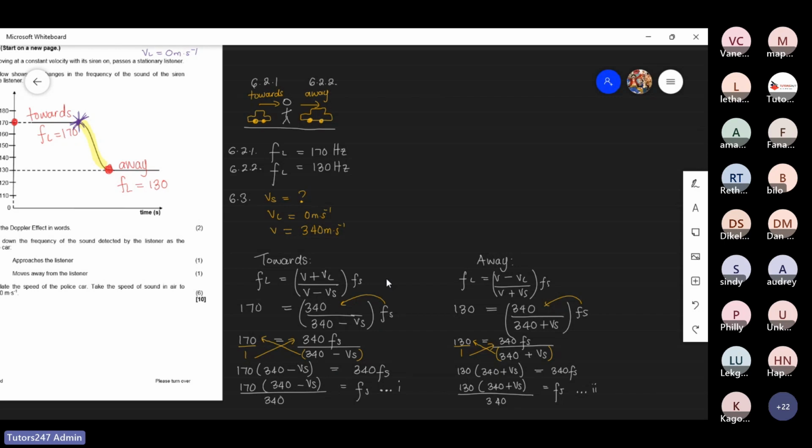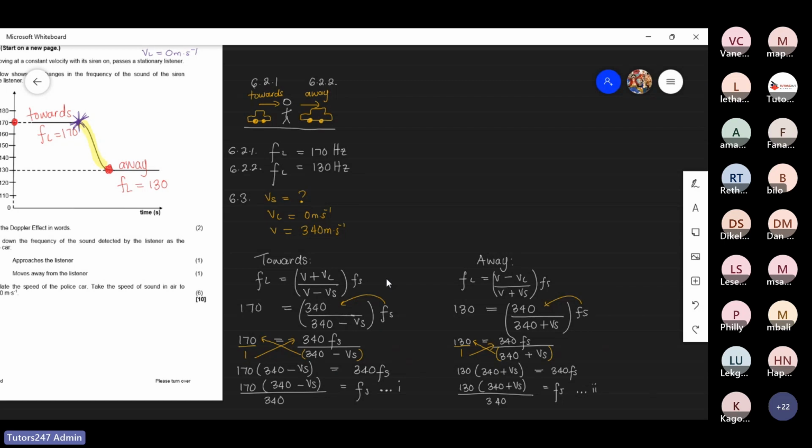Then, when the police car passes the stationary listener and moves away, the frequency detected by the listener is going to be lower as opposed to when it was moving towards.